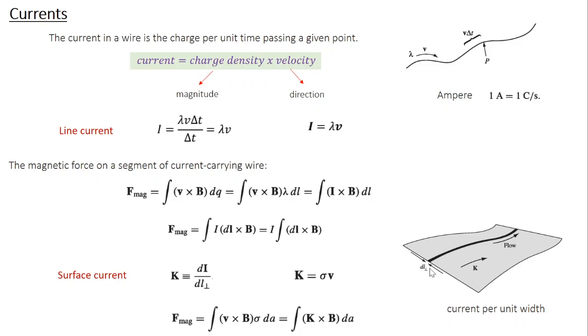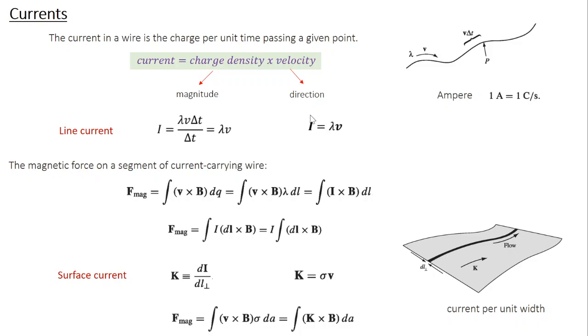Since the width is measured perpendicular to the current flow, I can put a subscript perpendicular here. So the perpendicular width of the ribbon is dl perpendicular. Imagine that the current flowing through this small ribbon is di. Then the surface current density K is defined as di by dl perpendicular. This is nothing but current per unit width perpendicular to the flow.